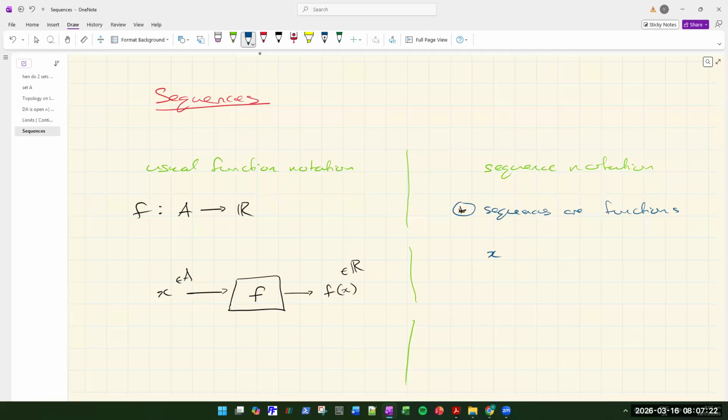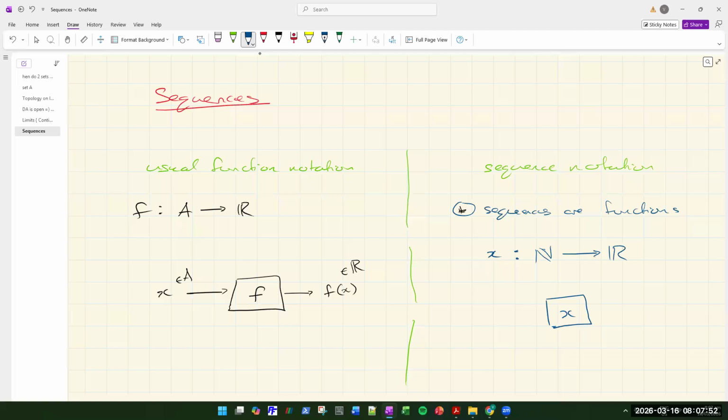And this function that I'm calling x has domain the natural numbers, and it's mapping into R. So the picture for a sequence is we have a machine just like before, but before the machine was named f, and now I'm naming this machine x.